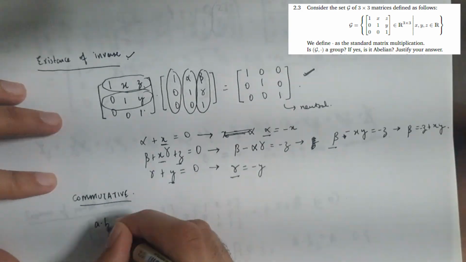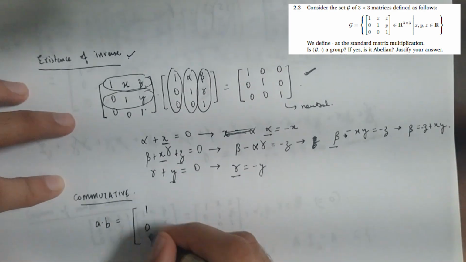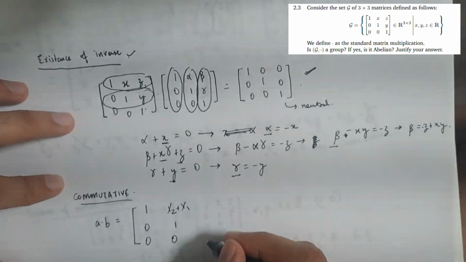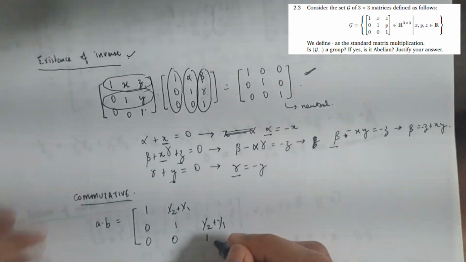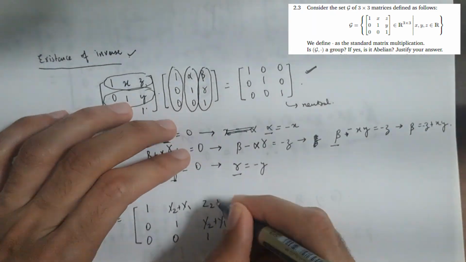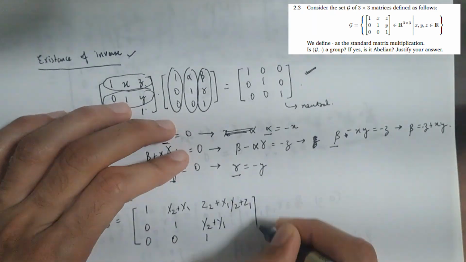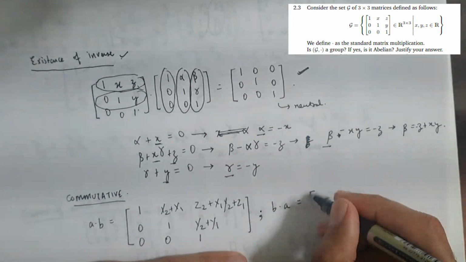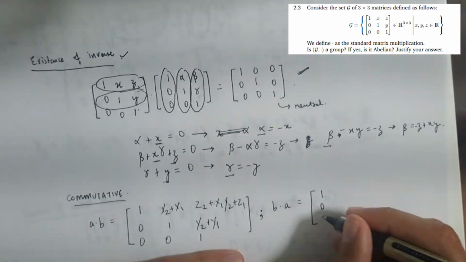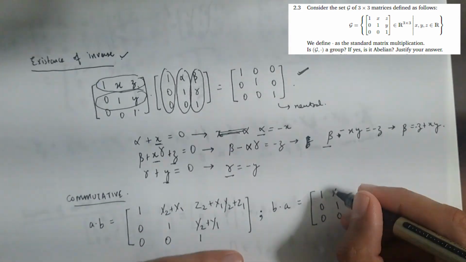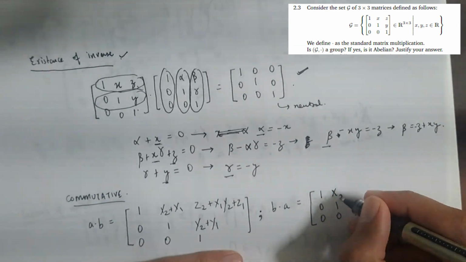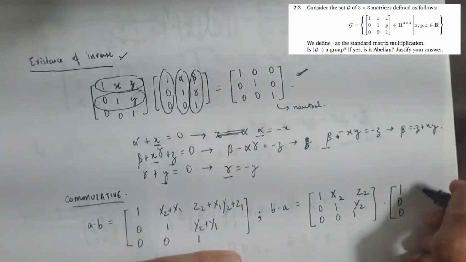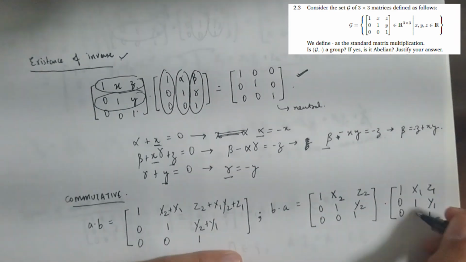Let's recall that a dot b was equal to 1 0 0, x2 plus x1 1 0, 1, y2 plus y1, and this was equal to z2 plus x1 y2 plus z1. Let's try to find if b dot a would also be the same thing. This would be 1 0 0 1 0 1, x2 z2 y2 dot 1 0 0 x1 z1 y1 1 1 0.